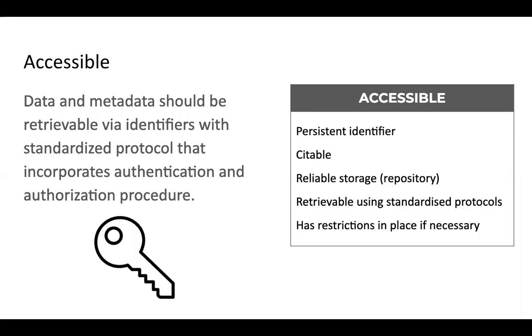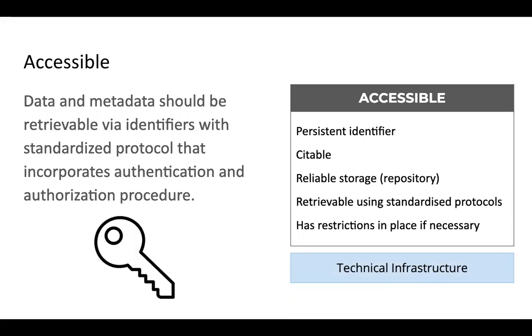Data can be restricted and still be FAIR. However, if access is allowed, data should be retrievable without the need for a specialized process. So depending on the type of data you have, sometimes you are unable to make it completely open. So remember this rule of thumb: as open as possible, as closed as necessary.